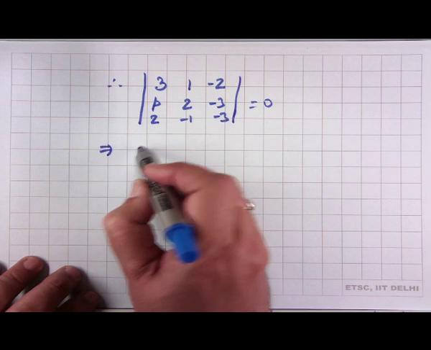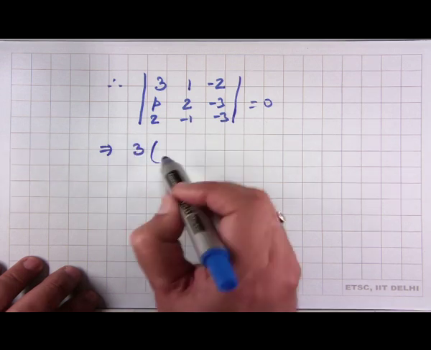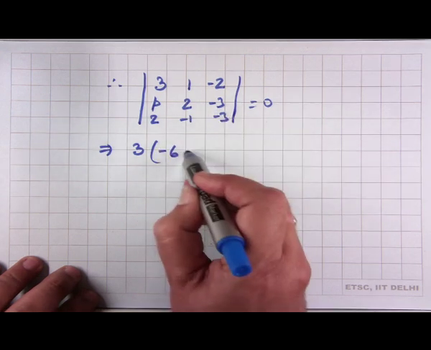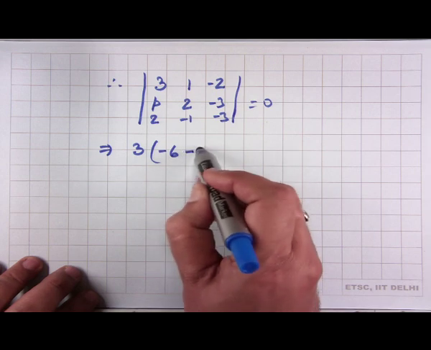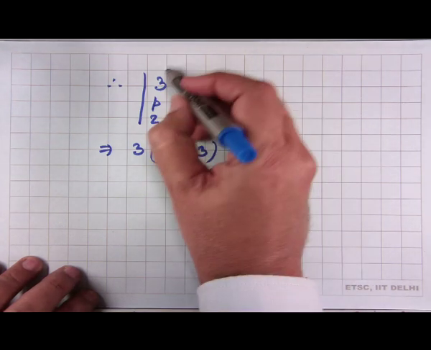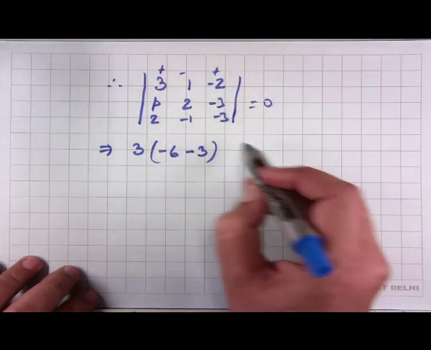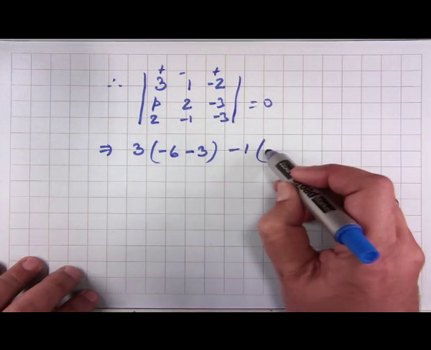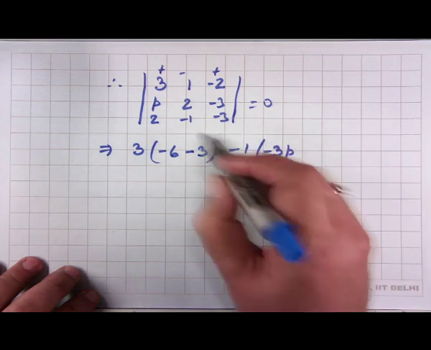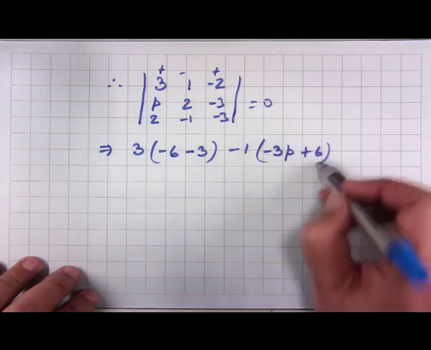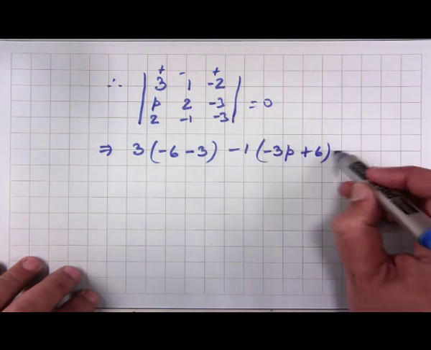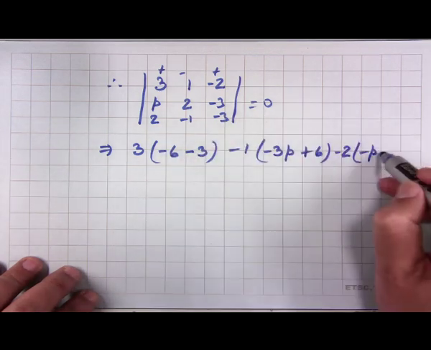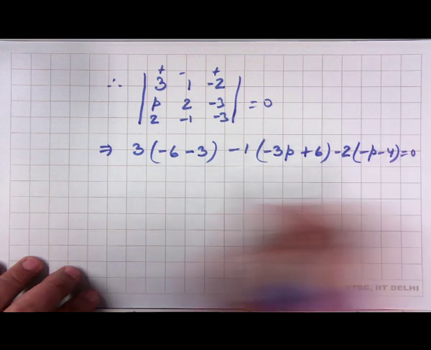This implies 3 times (2 into minus 3 minus 6), and this is minus 3, this is plus, minus, plus, so minus 1 times (minus 3p plus 6), and this is minus 2 times (minus p minus 4) equal to 0.